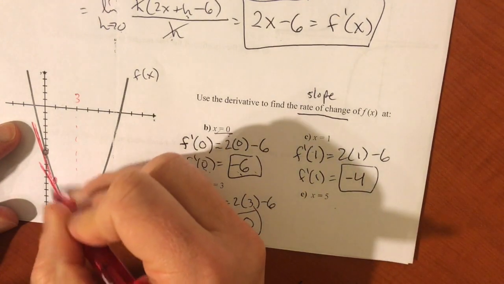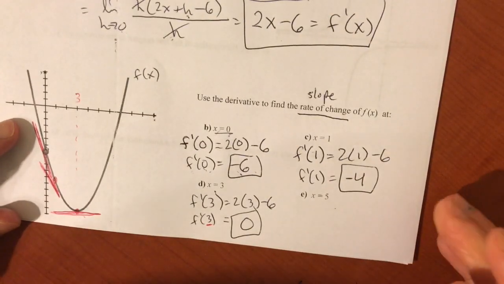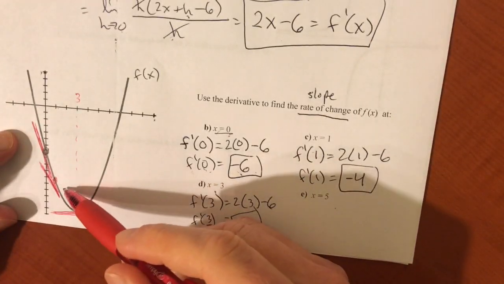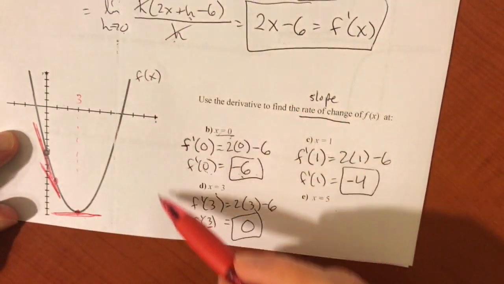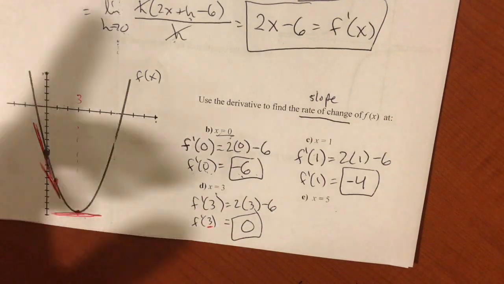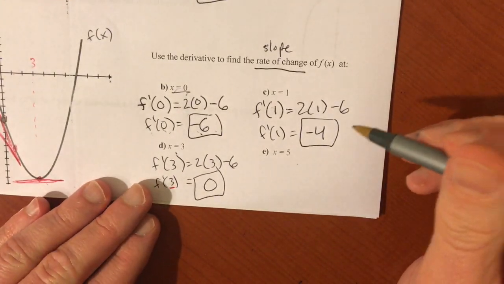Everywhere else is going to have either a negative slope, or to the right it's going to have a positive slope. So right there. Or maybe in physics you learned about an object being launched upward, and at the very top its velocity is 0 before it comes back down. Similar idea. A lot of physics in calculus next year, a lot of overlap.